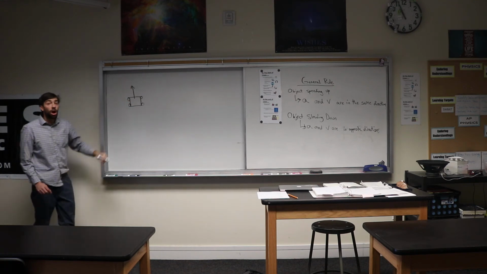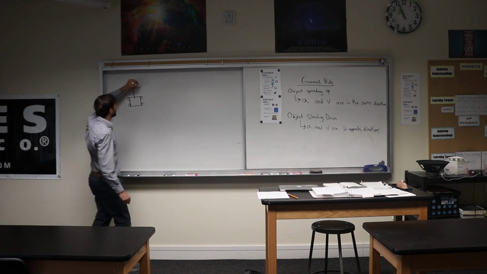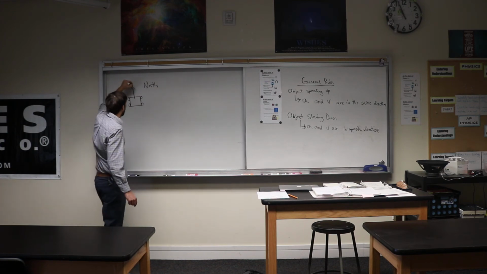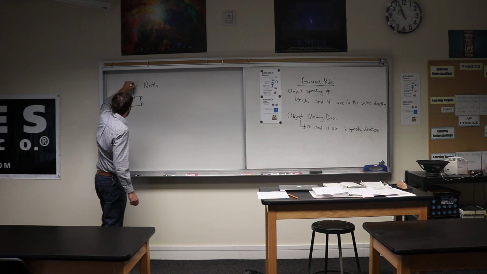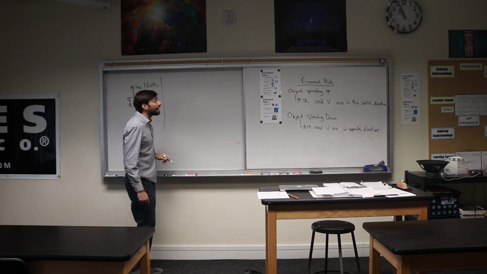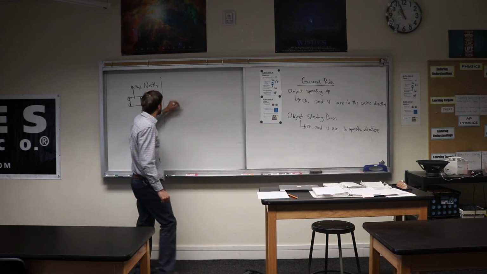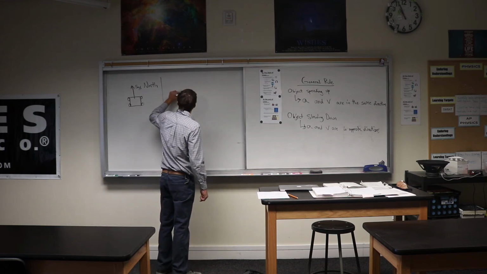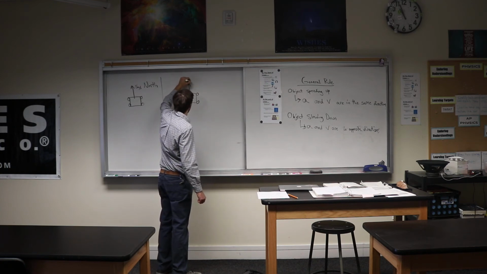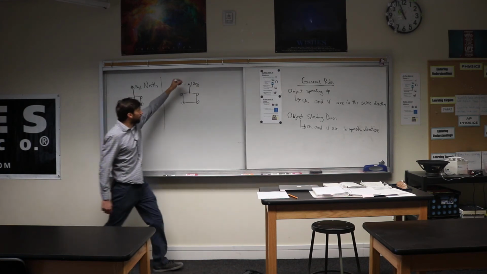And I said this car is moving to the north with a velocity of 5 meters per second. And then later on, as it goes along, this car is still moving to the north, but now we are moving at 10 meters per second north.